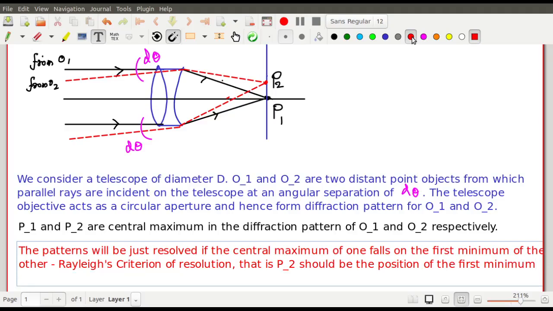P2 should be the position of the first minimum due to O1. Right? বলো বুঝতে পেরেছো কি?